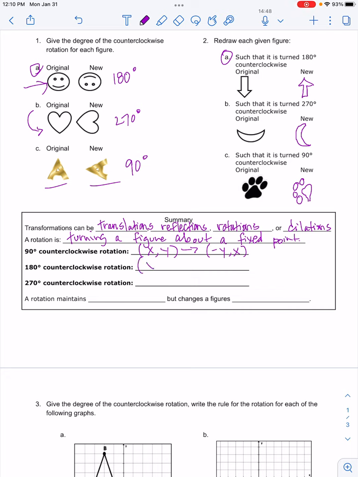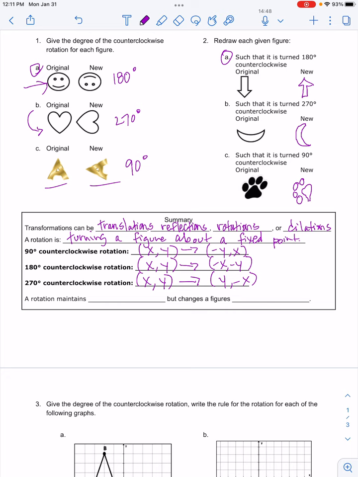The rule for a 180-degree counterclockwise rotation starts with the original and ends up looking like this. And the rule for a 270-degree counterclockwise, start with the original, looks like this. I'm going to teach you a little jingle to remember that.